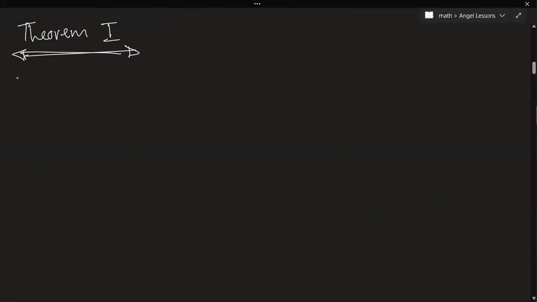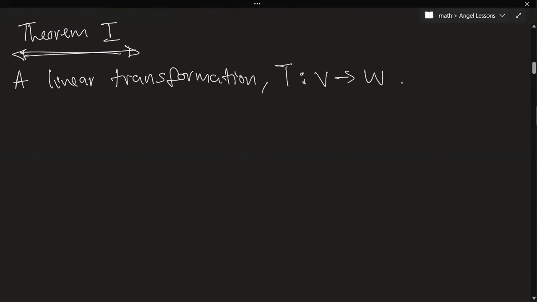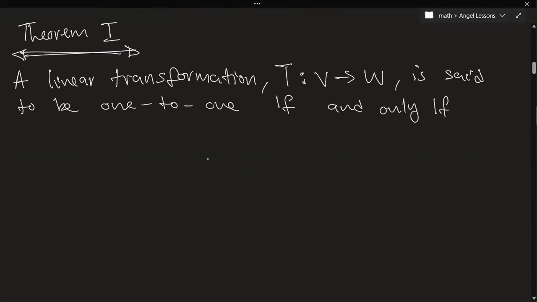It says that a linear transformation T from vector space V to vector space W is said to be one-to-one if and only if the kernel of the linear transformation is just the zero vector of V, like that.